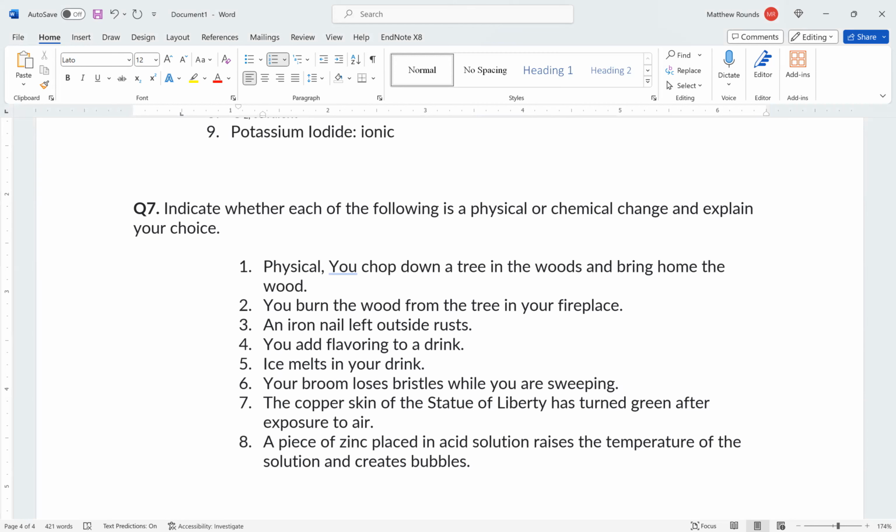All right, you burn the wood. Does it change when you burn it? Yeah, it becomes ash. Yes, that's a chemical change. All right. An iron nail left outside rusts. So is the rust a physical or a chemical change?